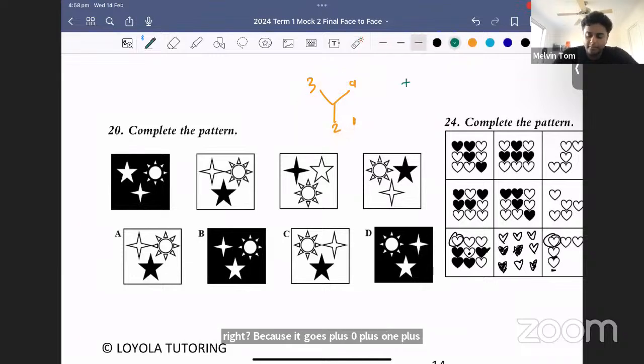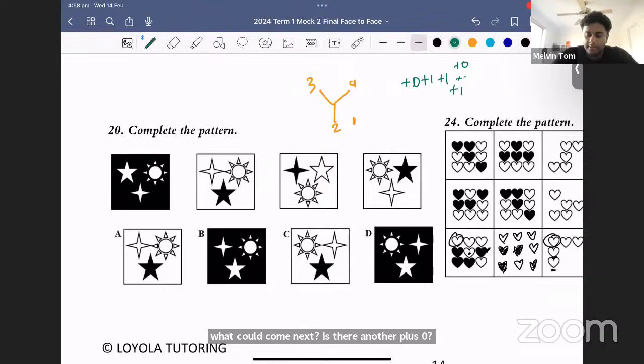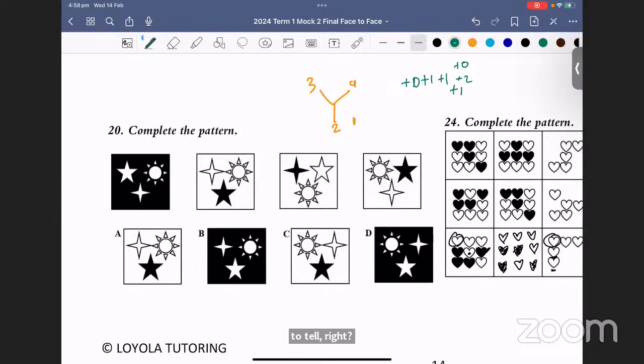Now, Nataya, if you have +0, +1, +1, can you tell me what could come next? Is it another plus 0? Is it another plus 1? Is it a plus 2? It's not easy to tell, right? Yeah, it's not easy.